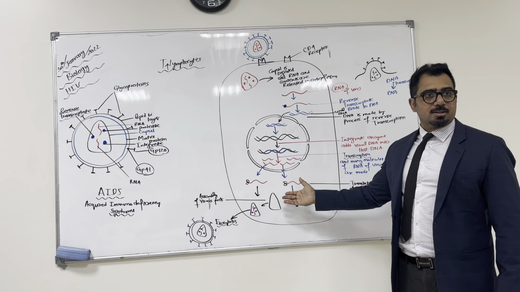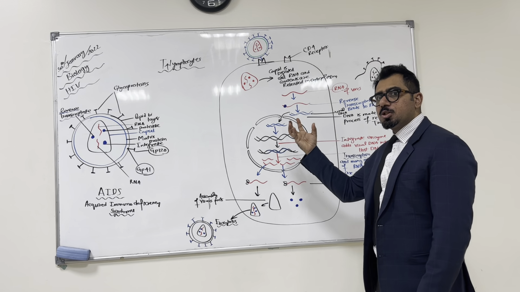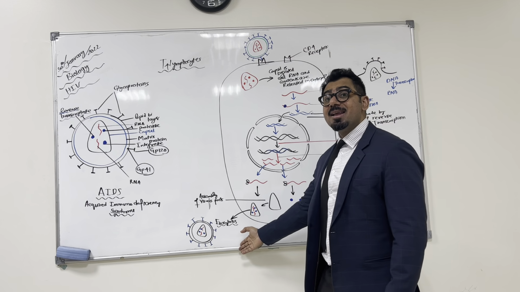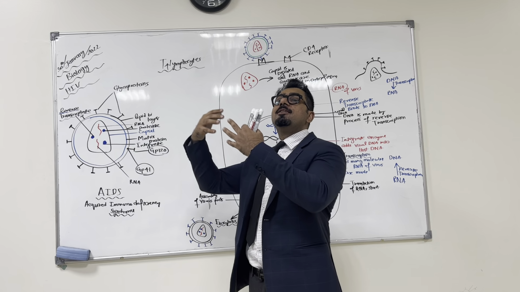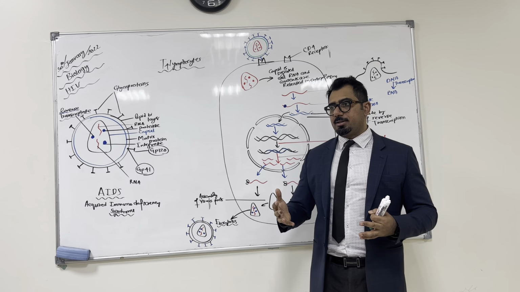When the viruses are going out by exocytosis, part of the cell membrane is going away, right? So what will happen? The cell is becoming smaller and smaller and smaller. Eventually the cell will finish, right? But by that time, many of the viruses will be made, right? And they have gone and infected more T4 lymphocytes.